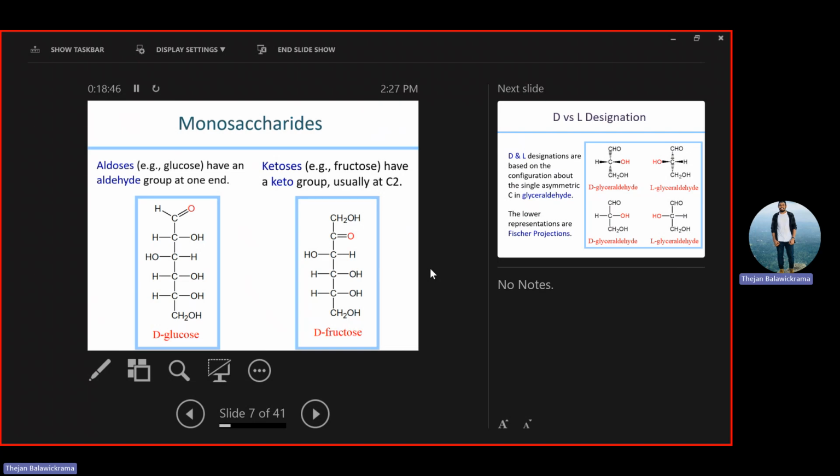Now, there's a difference. Let me show the difference between these two. Do you notice that right here we have an OH group? When it comes to organic molecules, this is very simple, don't take it seriously.